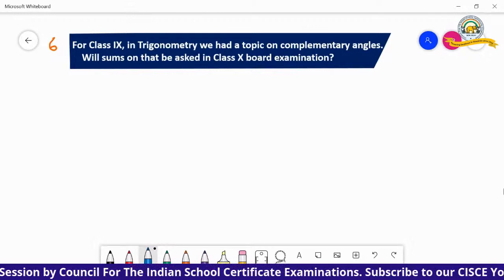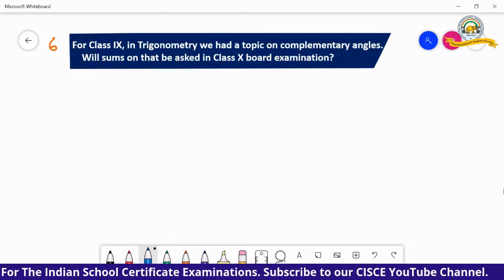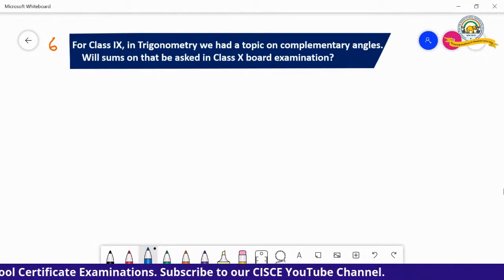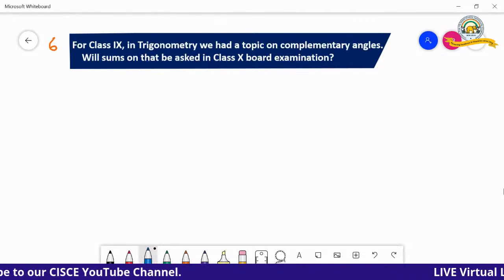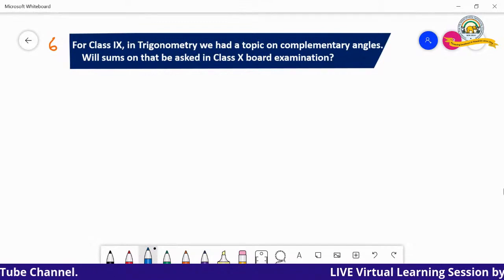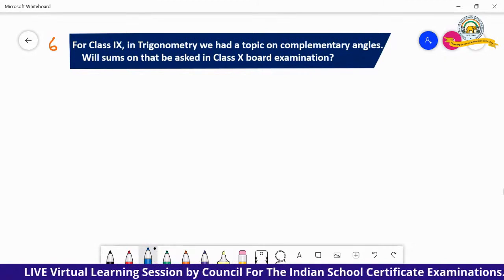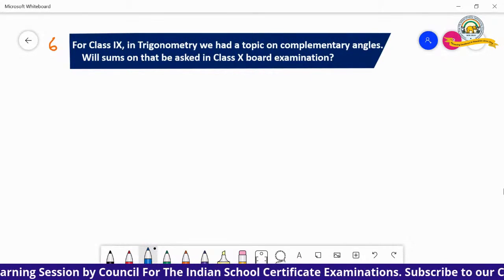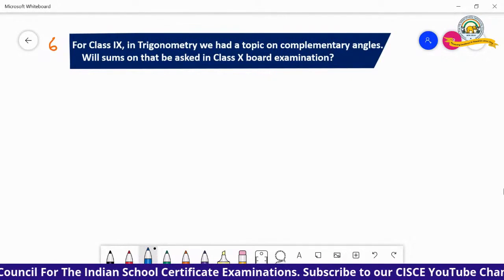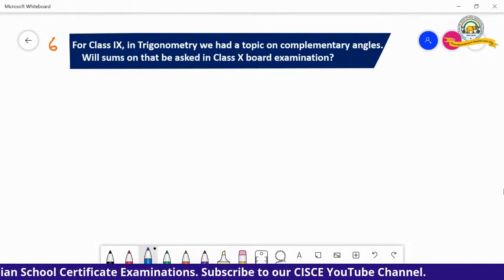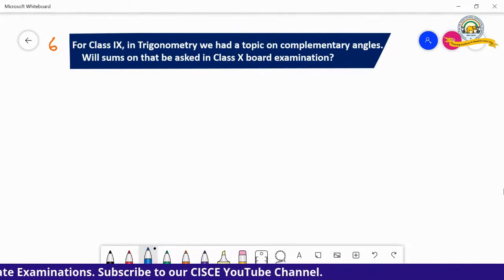Yes, you have done the topic on complementary angles, and direct sums based only on the complementary angles won't be there, but the application will be there. That means you may need to use it in other sums, like in heights and distances. Often we need to use the concept of complementary angles. So its application is there, but no direct sums on complementary angles will be asked.